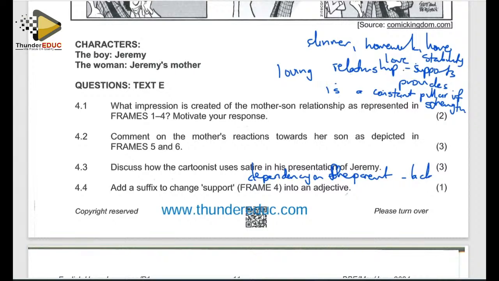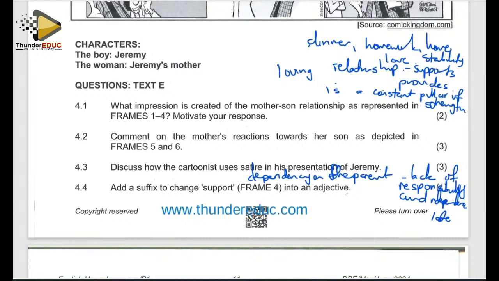Lack of responsibility and independence, shown by him being late, and therefore he has no excuse for it. So that's the satire.